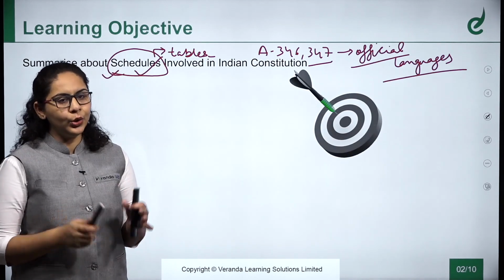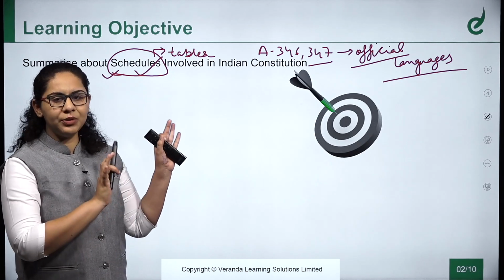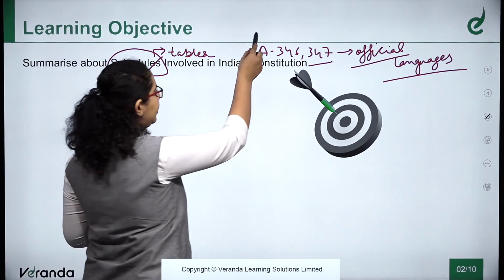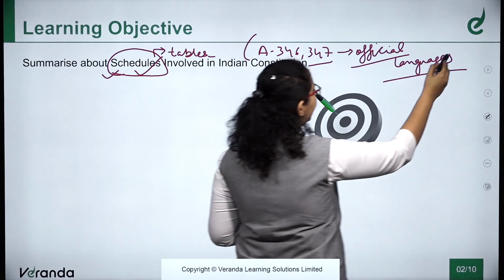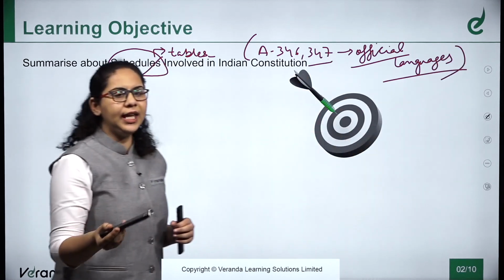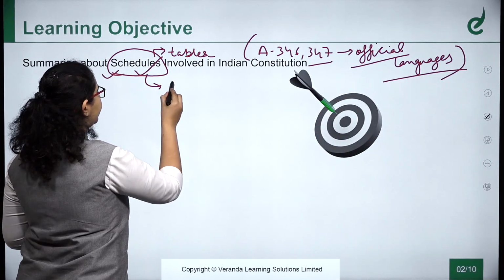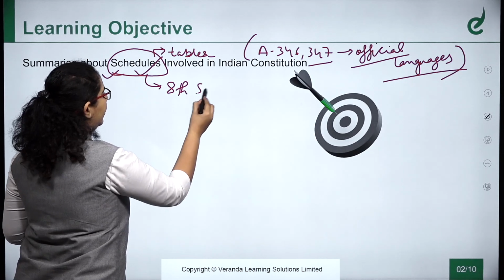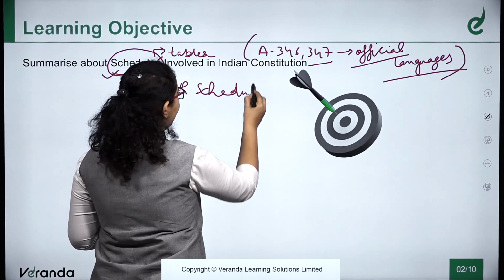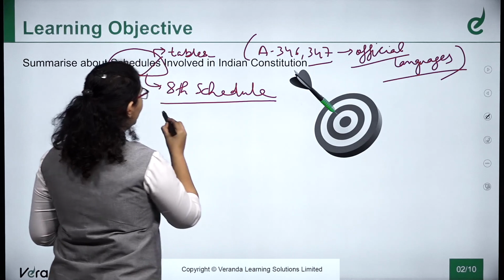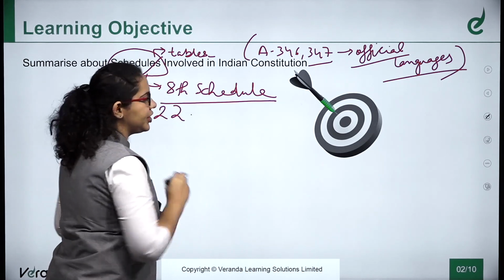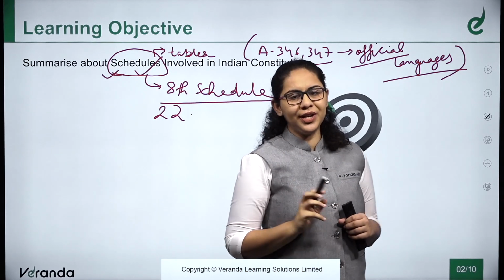We all don't know what all languages are those by reading these articles. Where will we get this information? In the 8th schedule. In the 8th schedule, we have a list of 22 official languages. So that is why schedules were included.